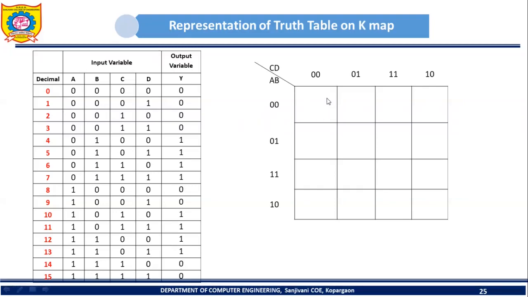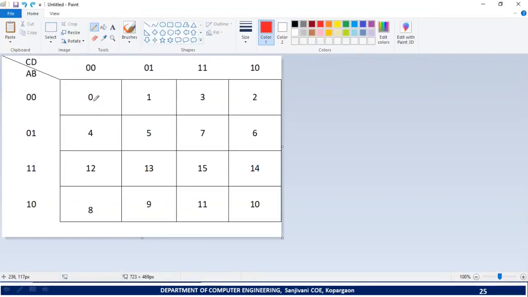So in KMap I can say that this first particular cell will correspond to input combination 0. Then we have 1 here, then 2 is here, then 3, 4, 5, then 6 is here, then 7, then 8 is here, 9, 10, 11, then 12, 13, 14 and 15. So this particular cell will correspond to input combination 15.